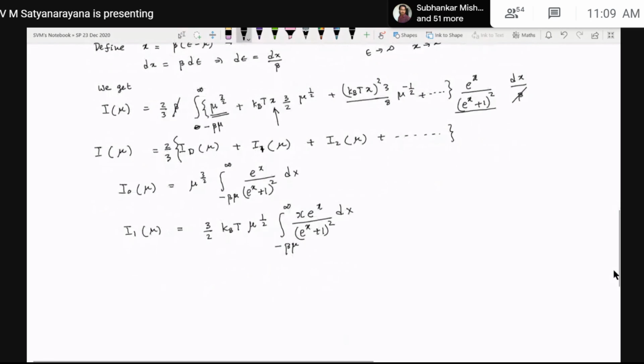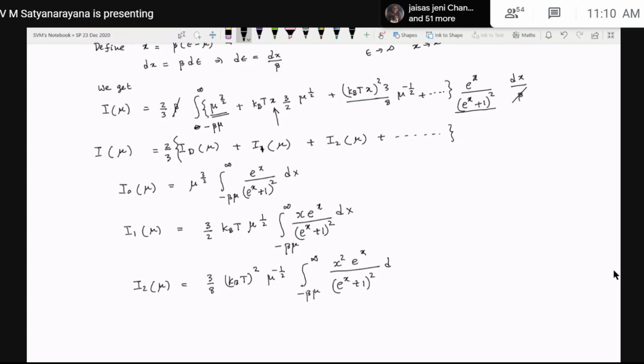And I2 of mu is equal to 3 by 8 and kBt the whole square into mu to the power minus half into integral minus beta mu to infinity x square into e to the x divided by e to the x plus 1 the whole square. So I have written only 3 terms, and these 3 terms are like this.